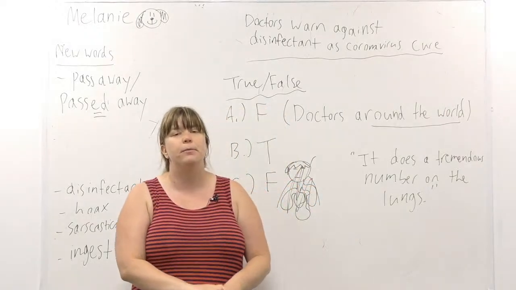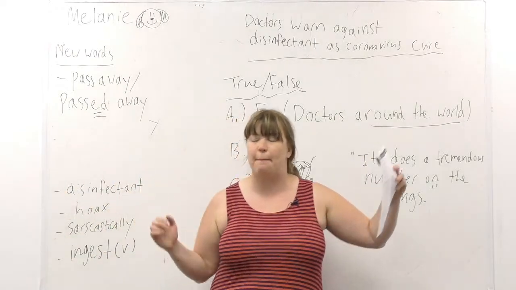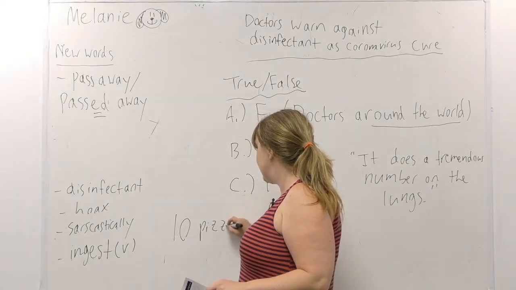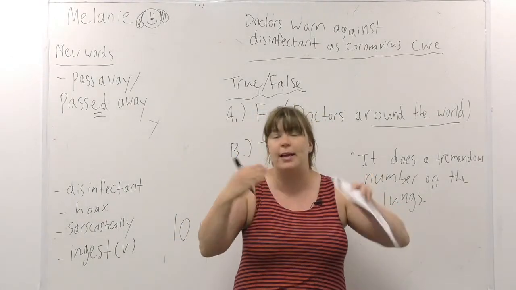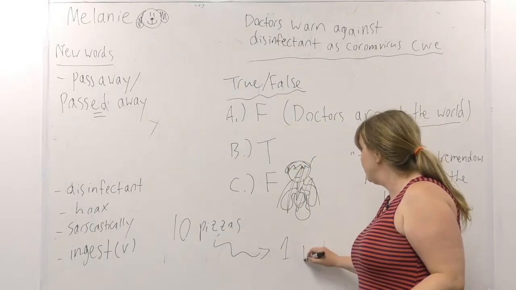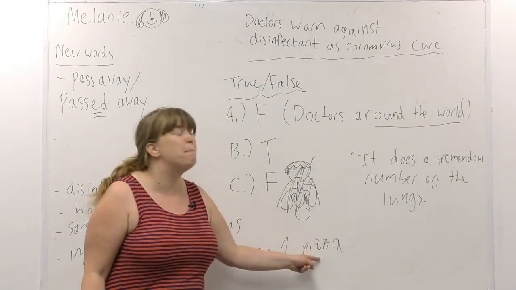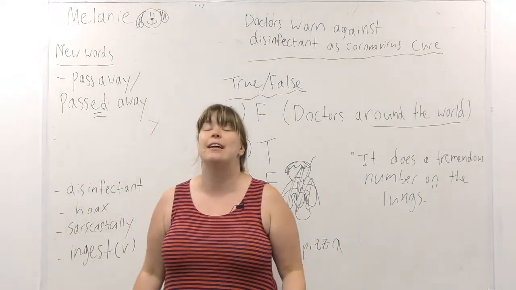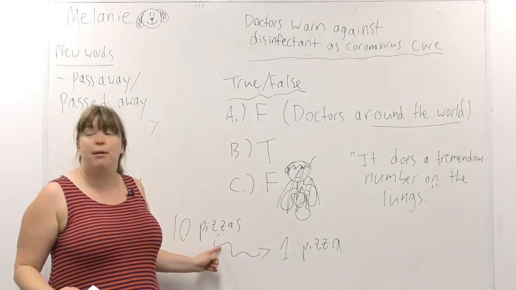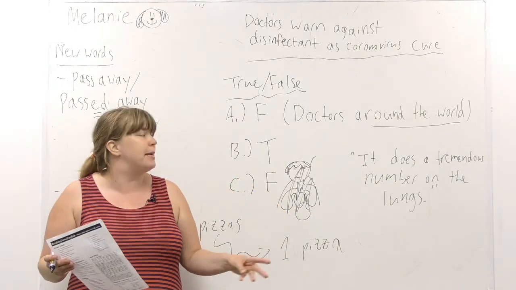For example, me and my friends were hungry, so we have a pizza party. Maybe we order 10 pizzas, but we're so hungry we eat a lot of them, and at the end there's maybe one pizza left. So we did a tremendous number on those pizzas. We ate a lot of them. We went from 10 to 1.